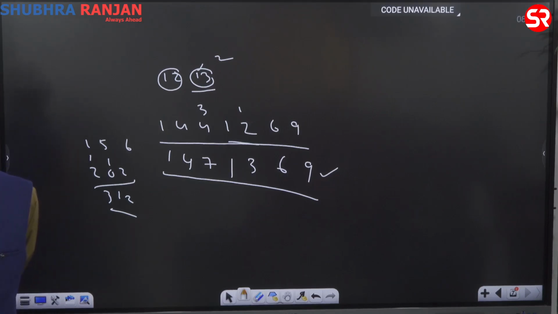No questions? Okay. Take 30 as A and 4 as B. If it is 3 as A, 0, and 4 as B, then you have to put 2 digits. If it is not there, you have to put 0. That's all.